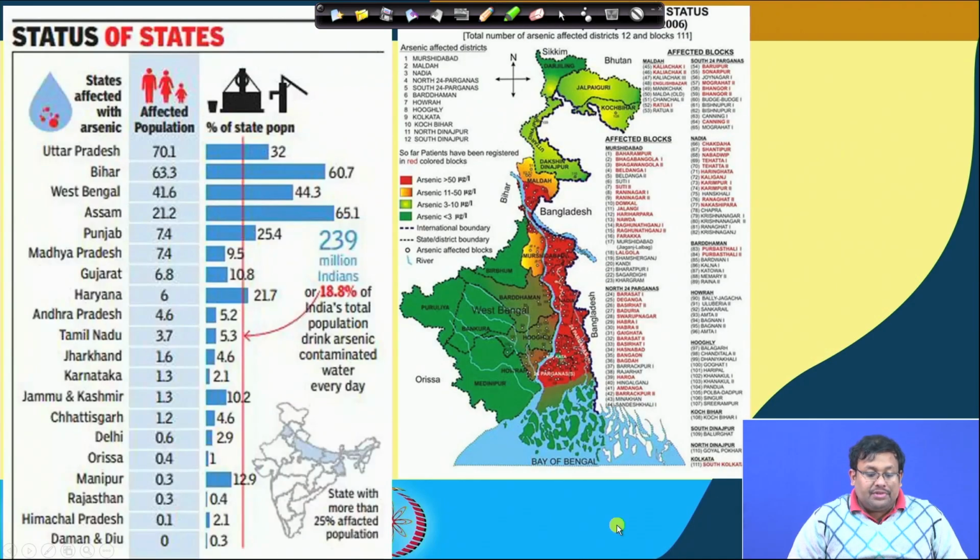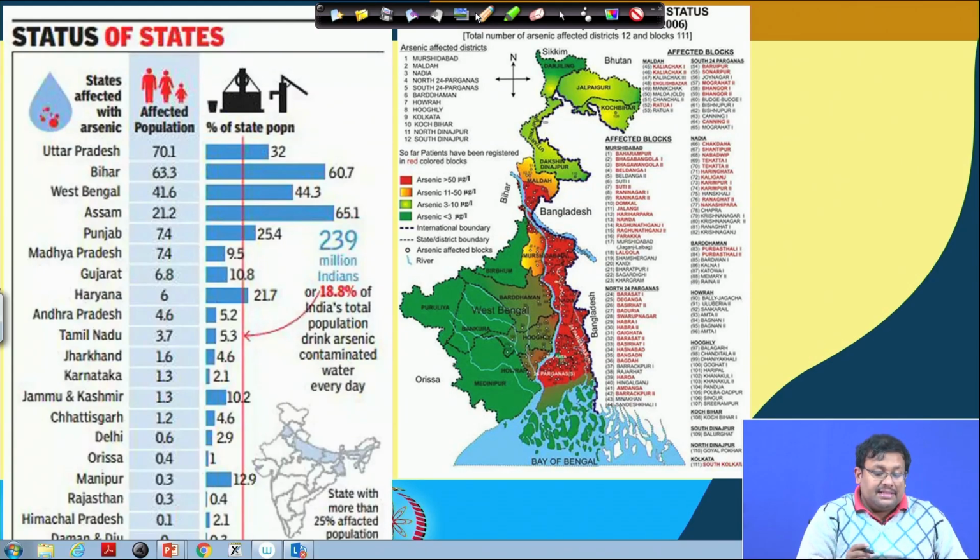If we move ahead, we will see the status of different states as far as arsenic contamination is concerned. The major states affected by this groundwater arsenic contamination are Bihar, West Bengal, Assam, and some amount in Uttar Pradesh also.